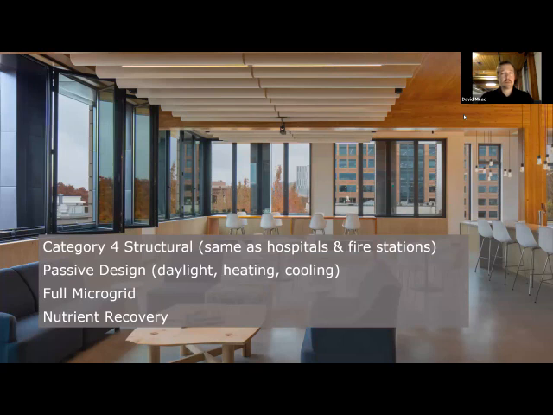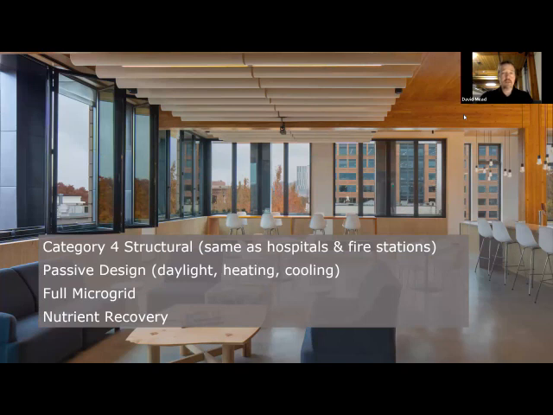It wasn't that much of a premium to get it to category 4 structural performance. And with that, it means that it has similar performance to hospitals and fire stations. And we don't have that many buildings that are designed to that. But it was designed to last 500 years, was the concept.